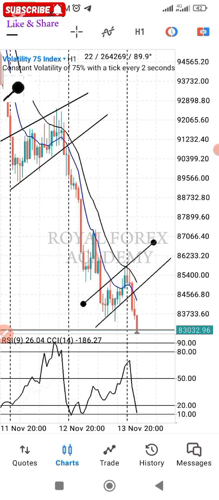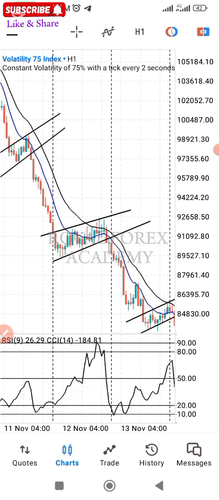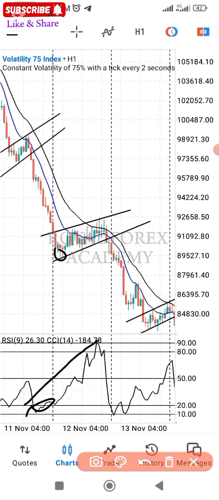So this can be accurately combined with our commodity channel index. And look at it. When this pattern began to form, price was here. Can you see that? And then this pattern formed from here now into the 90 and 80 level of our commodity channel index, which is here.